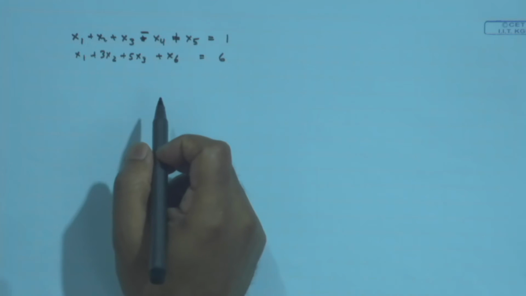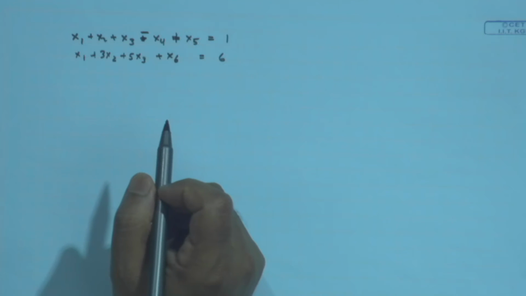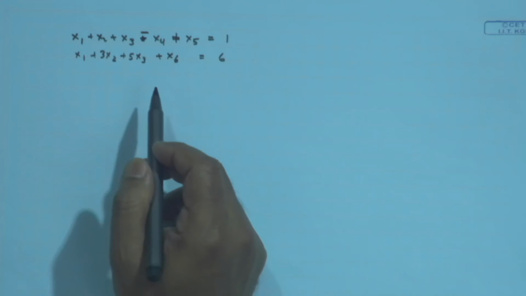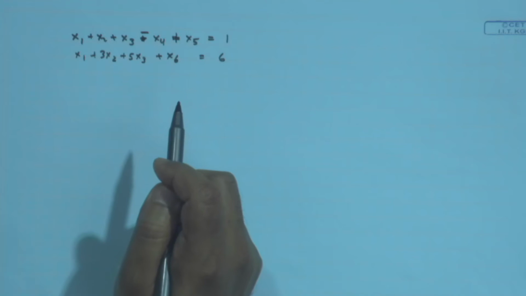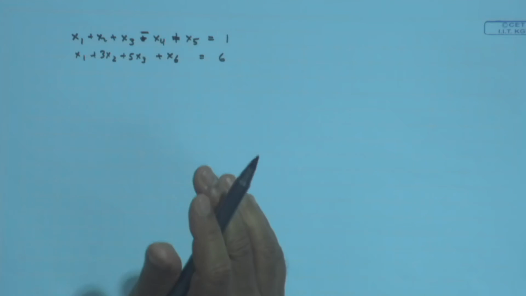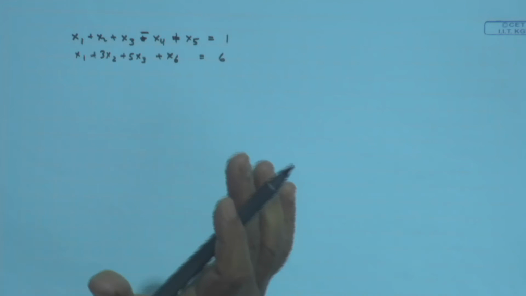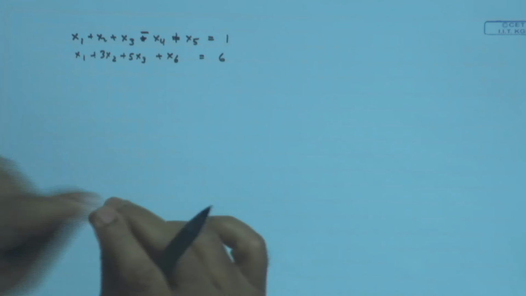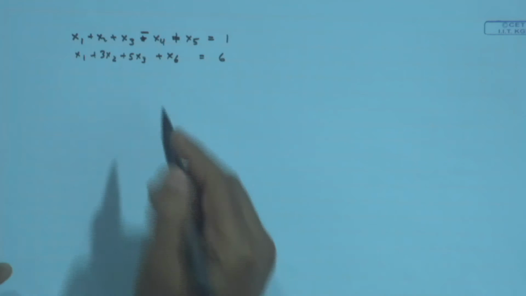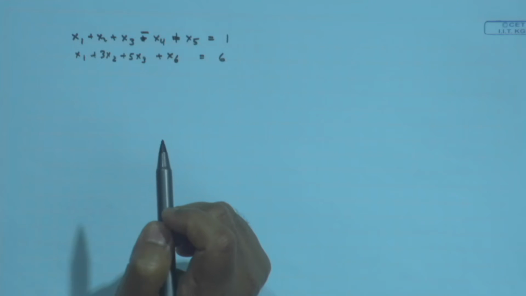So what are the basic variables here? How many basic variables would there be? 2. The number of basic variables is the same as the number of constraints, because every basic variable has to have a supporting constraint. So what are these two variables? x5 and x6.